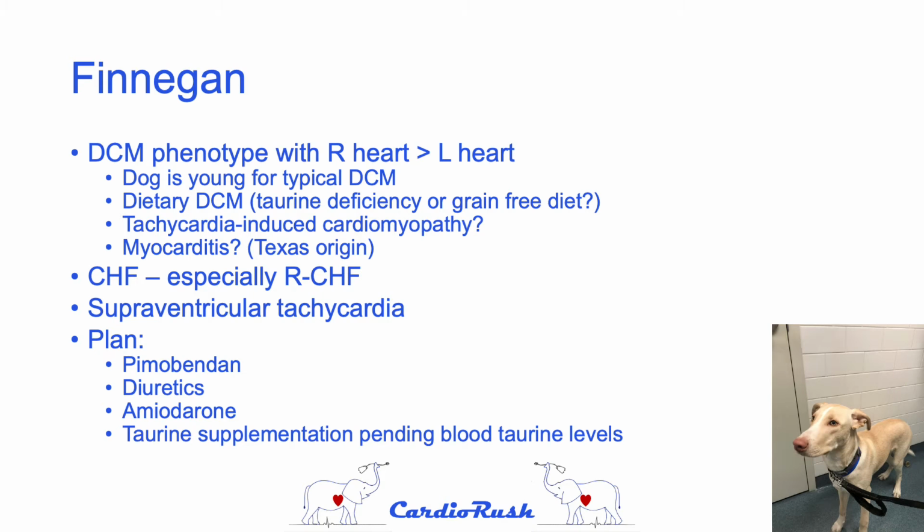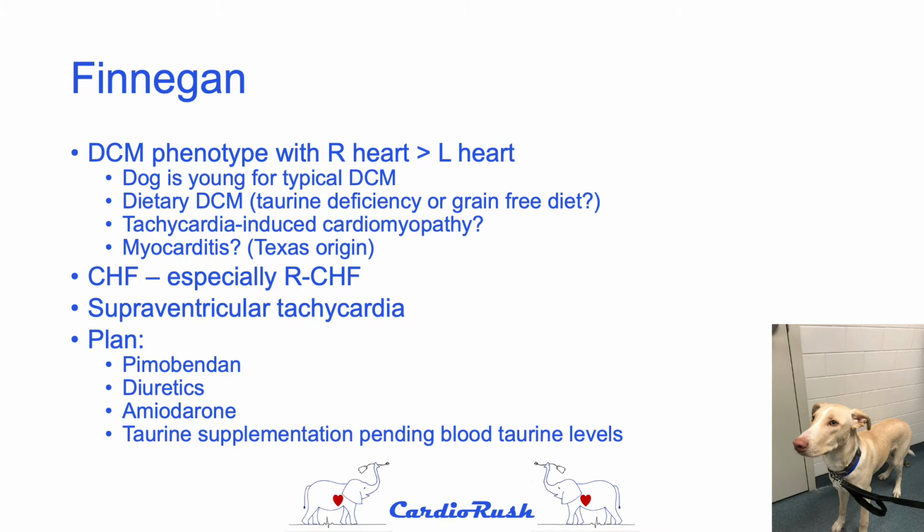So Finnegan seemed to have a dilated cardiomyopathy phenotype with the right heart affected a little bit more than the left heart. The dog is young for typical dilated cardiomyopathy, which usually occurs in middle-aged or older dogs. There was some chance that this could be a diet-related form of dilated cardiomyopathy, either related to taurine deficiency or grain-free diet.